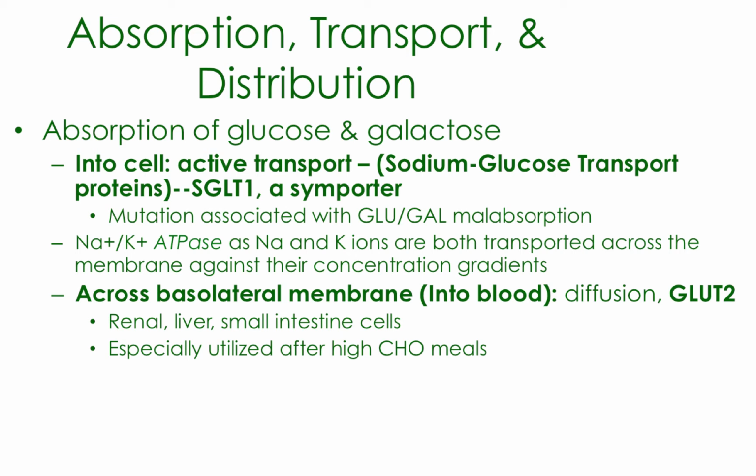One is active transport, so with the use of ATP, and also a transport protein, sodium. We have the absorption of glucose as well as galactose. But we also have facilitated diffusion or facilitated transport, which is using just a transport protein.